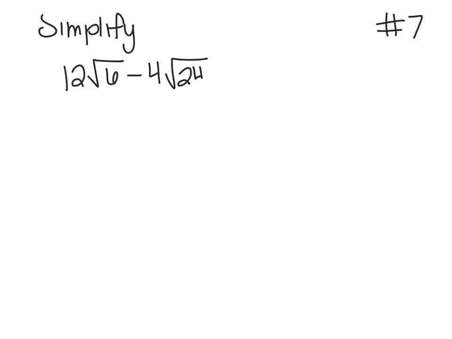All right, we're going to simplify both pieces here to see if we can add them together. I'm going to start with the 6. If I break down 6, 2 goes into it 3 times, 3 goes into it 1 time, and I know I can stop when I have a 1 on the top. And I don't have pairs of anything, so I have to leave it.